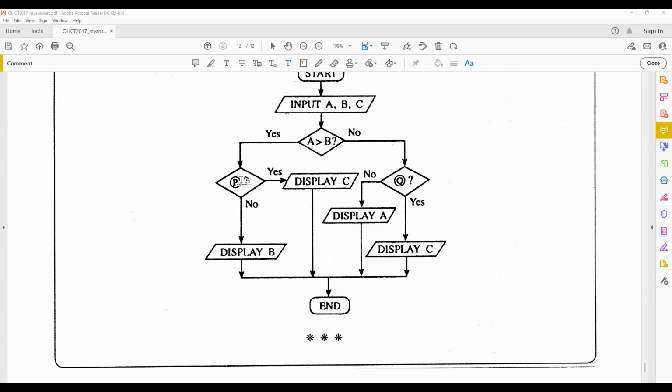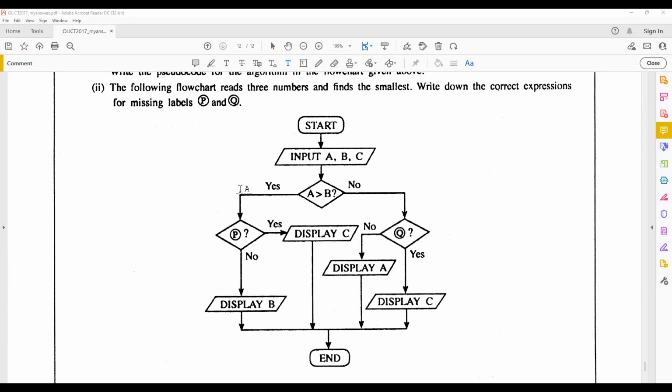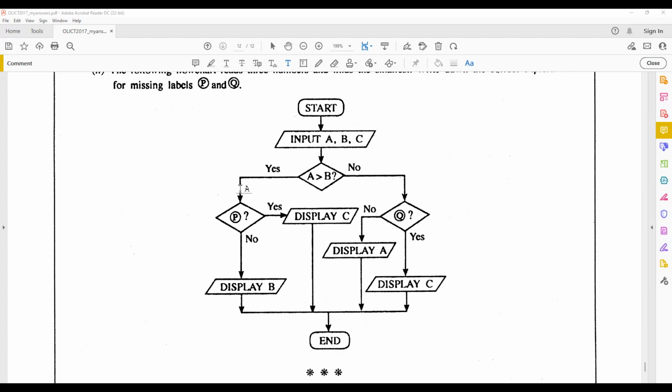So what is the inequality you are going to put here? That's what we need to figure out.